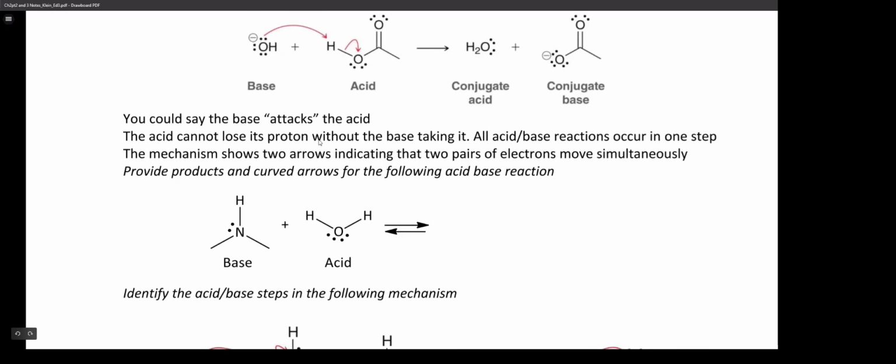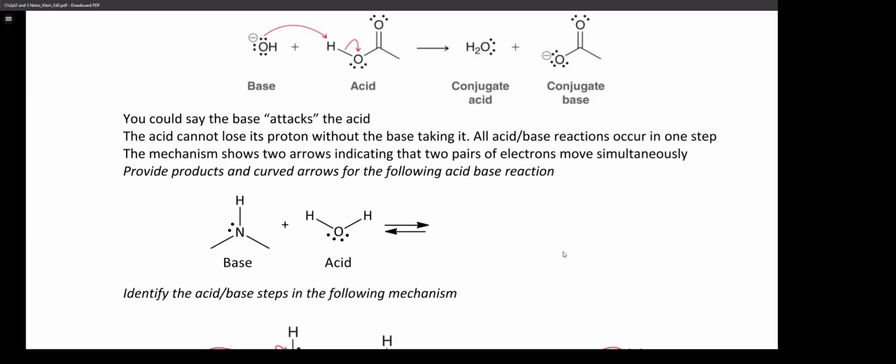Okay, so let's take a look here at this reaction. If the amine here is the base and water is the acid, what's going to happen? Where is the arrow going to start?